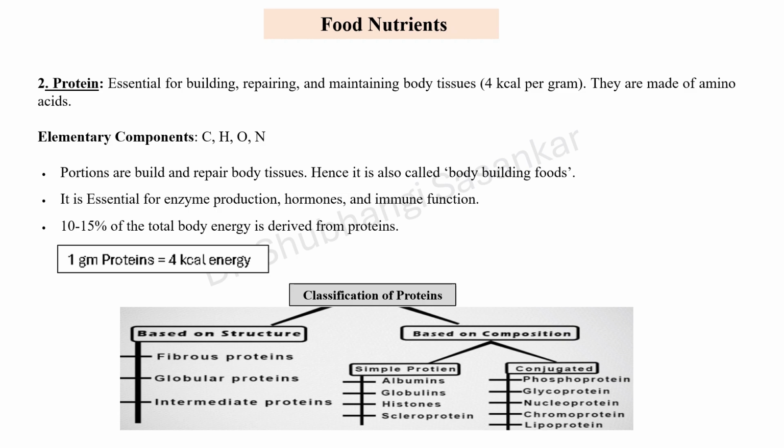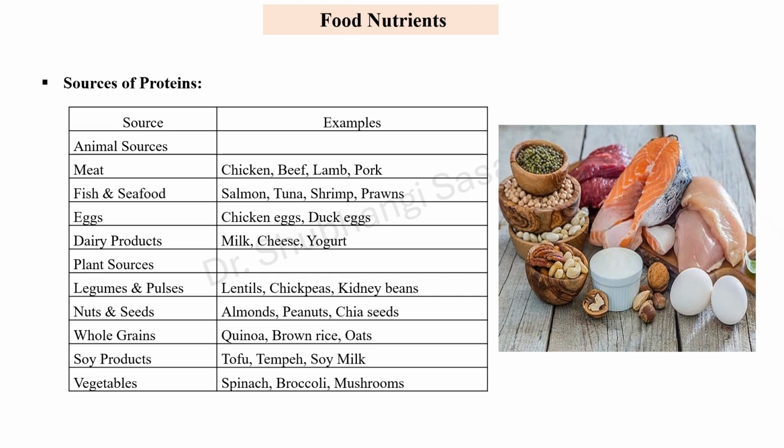A real life example: when athletes exercise, their muscles develop because protein helps repair and build the muscle tissues. Now we will discuss the sources of proteins. Protein sources are divided into two categories, animal sources and plant sources. Animal sources include meat, fish, egg, milk, cheese, yogurt.